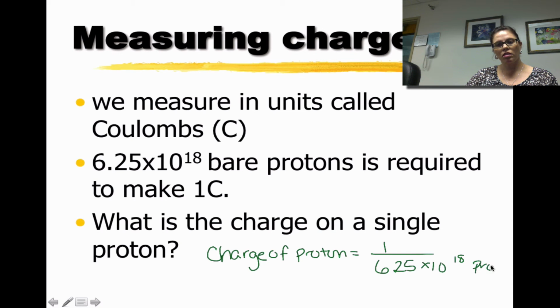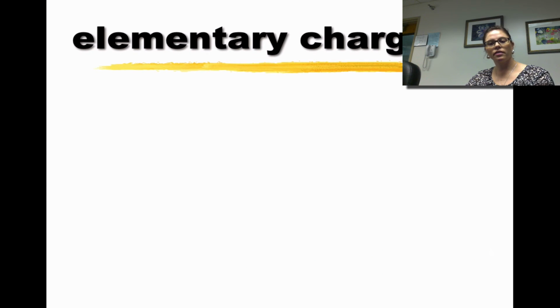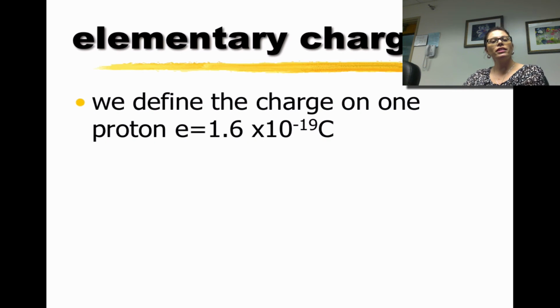This is protons per coulomb. And you divide it out and you get 1.6 × 10⁻¹⁹ coulombs.